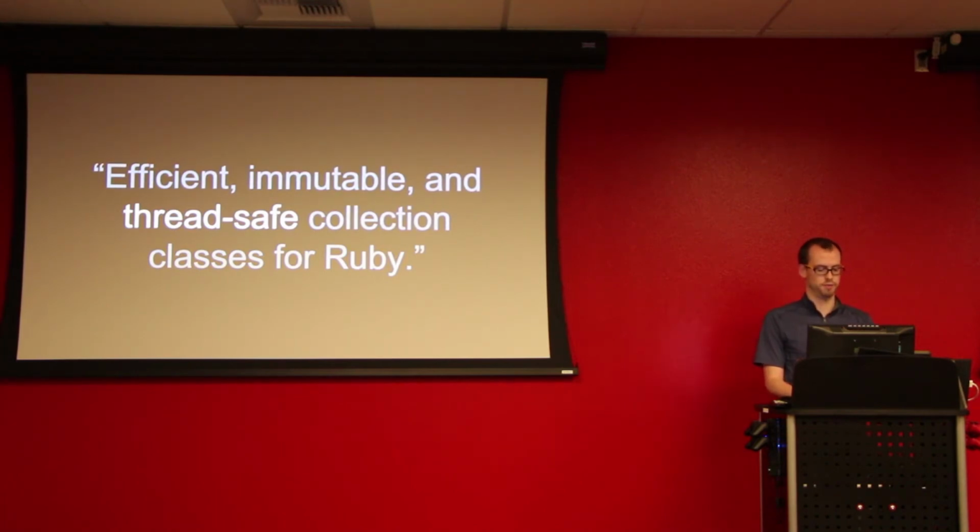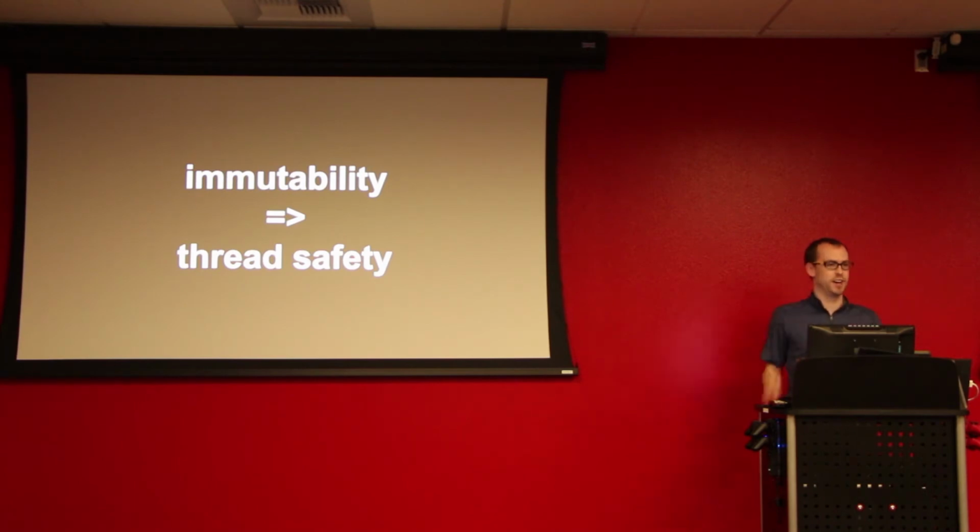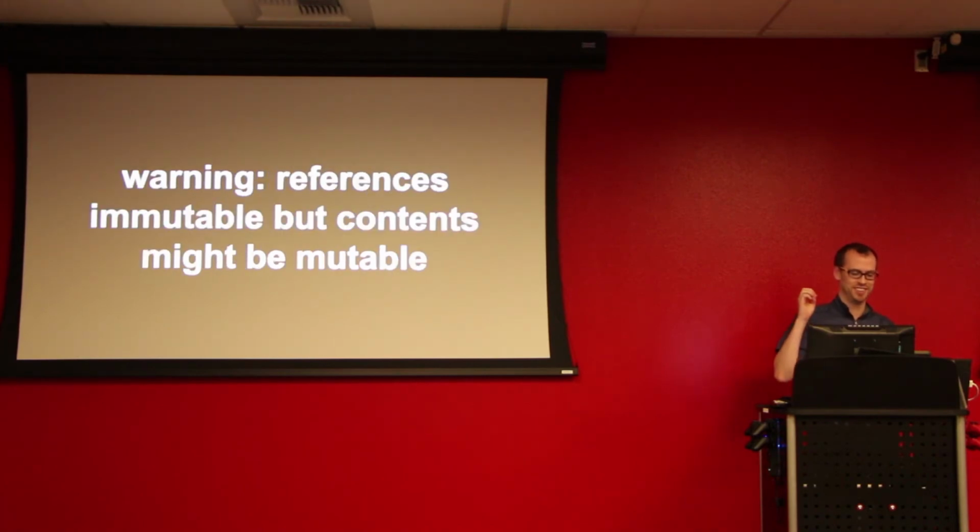And thread safe. All right, so yeah, I said before, immutability gives you thread safety, but you only really get that if you know that your collection is thread safe, or your collection is immutable. So the Hamster collections are immutable, but what that means is the references are immutable, but the contents might be mutable.